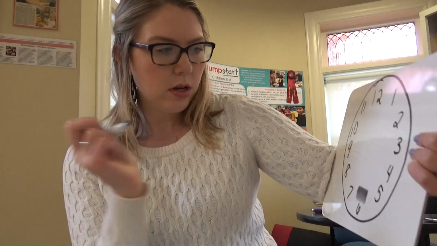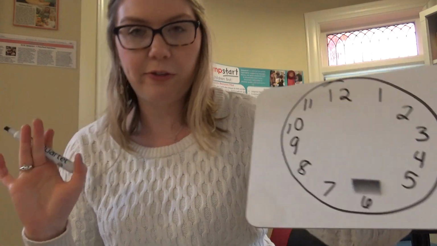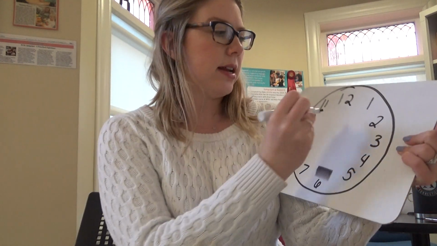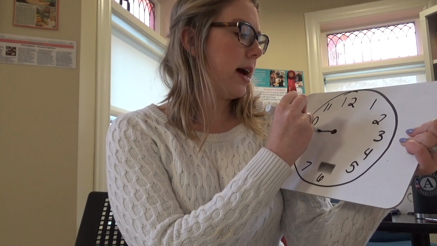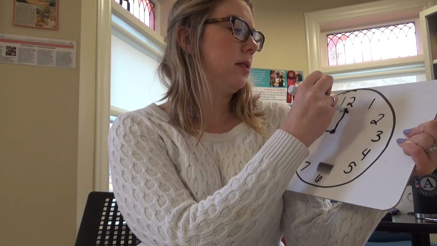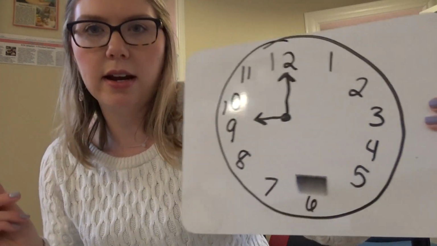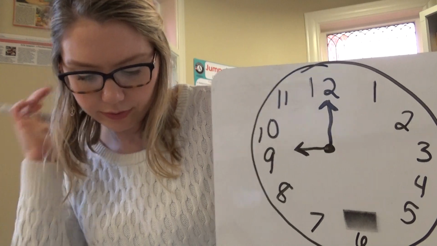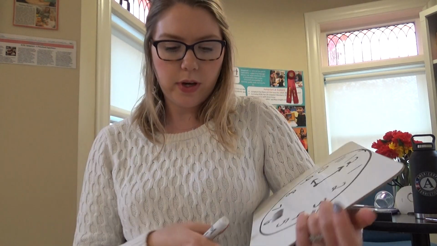And so this is the face of the clock. And I added all of my numbers for the different hours of the day. And then it has hands. So the little short hand shows you the hour, and the long hand shows you the minute. So this is saying that the party is at 9 o'clock. Okay.